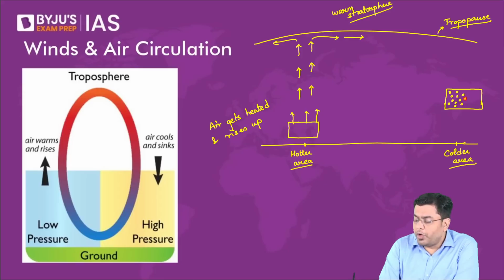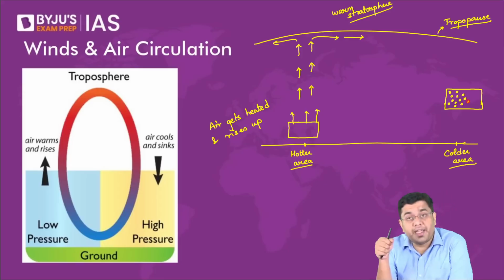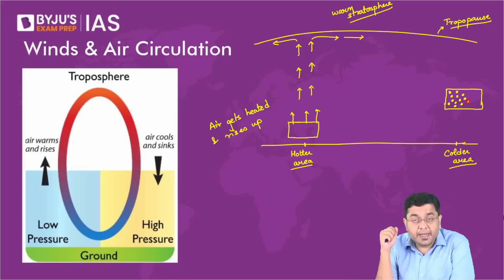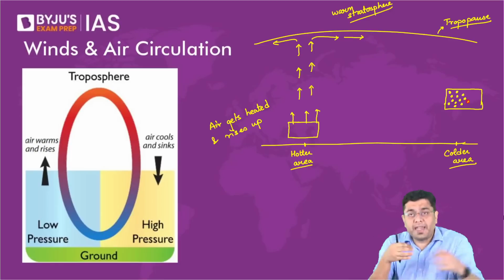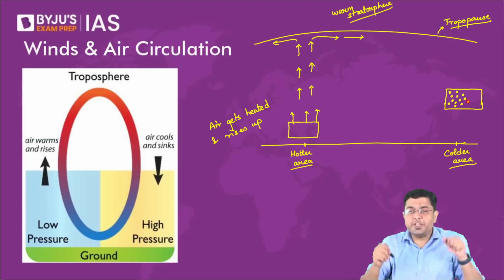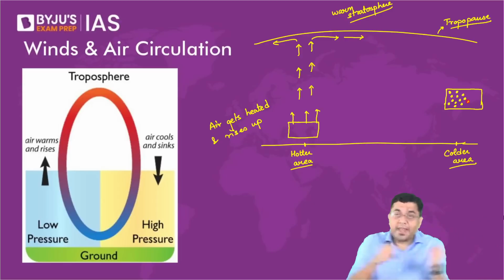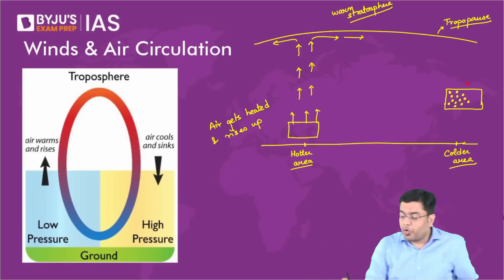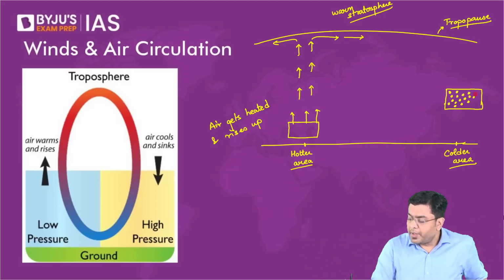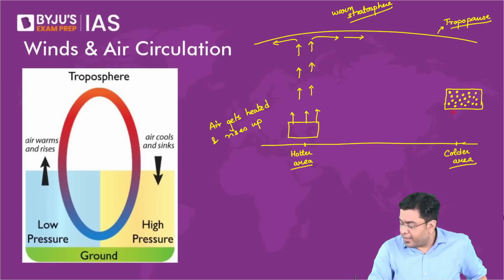Anything which is cold, we can say that you have the extraction of heat energy from that. That is why a particular area is cold, because when you are putting in energy, it becomes hot. When you are taking out the energy, that is when it becomes cold. So when it becomes cold, that means the air is heavier, isn't it? Now that heavier air will sink.